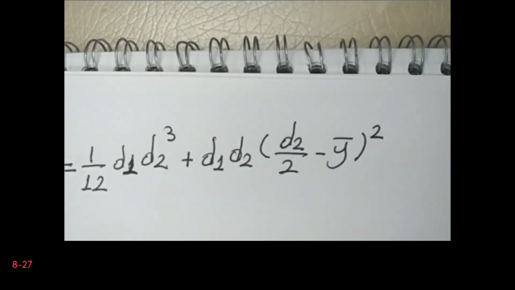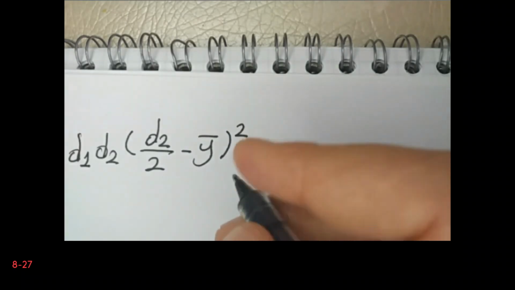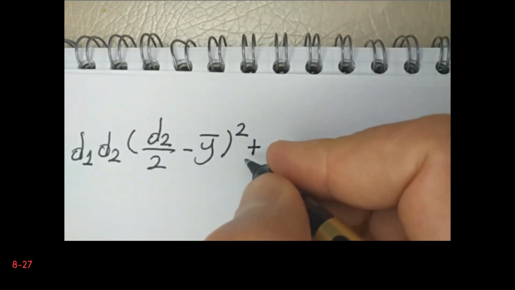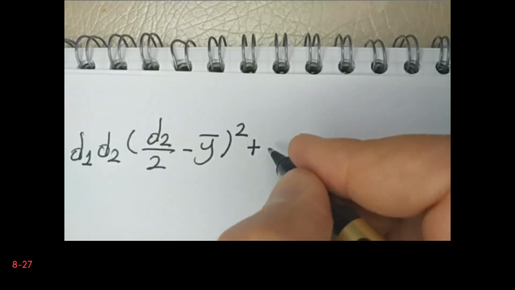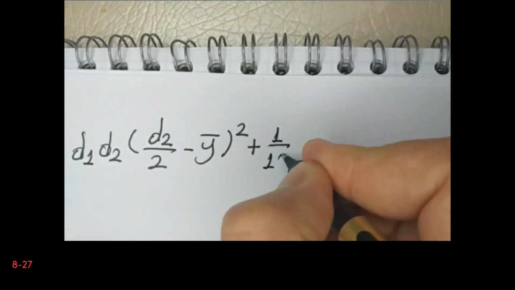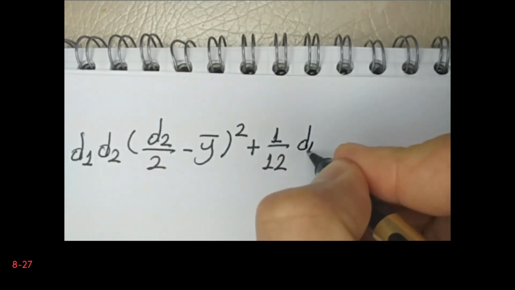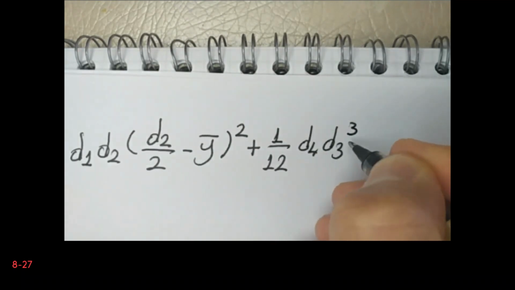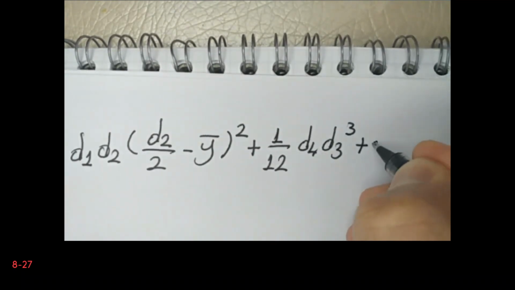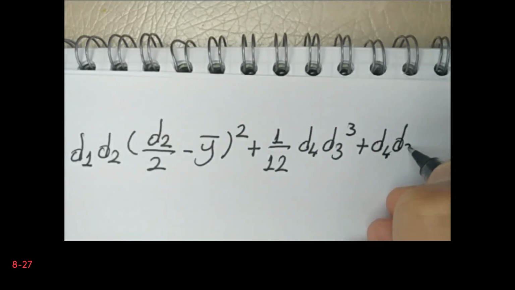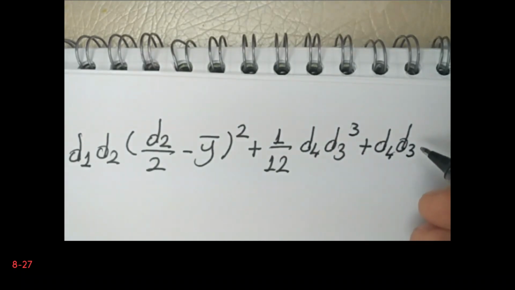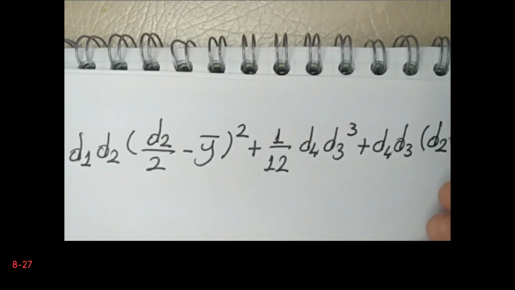Now we will calculate the moment of inertia of the horizontal one. That is 1/12 d4 multiplied by d3 to the cube plus d4 multiplied by d3, and its centroid is located at d2 plus d3 divided by 2 minus y bar, squared.